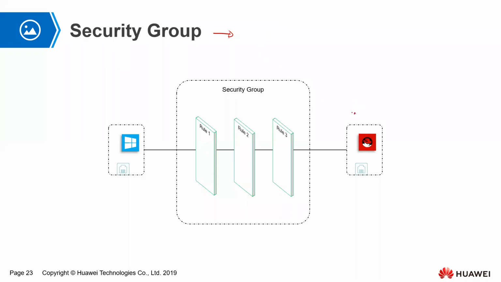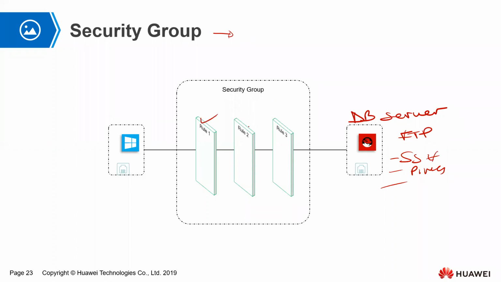This is my database, my DB server, and I need to make sure the only packets that are sent to it are FTP packets. I don't want any SSH packets. I don't want any ping packets. So you can configure security groups based on your requirements as an engineer, and each group provides a set of access rules, right?